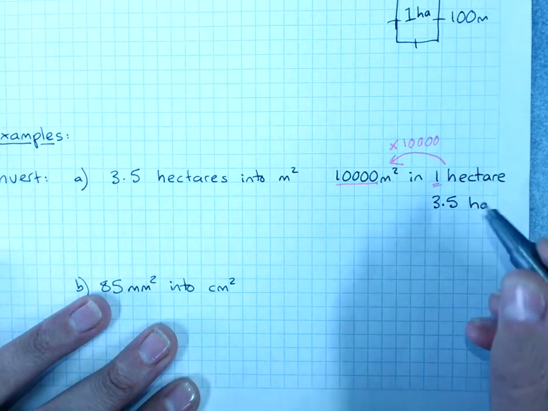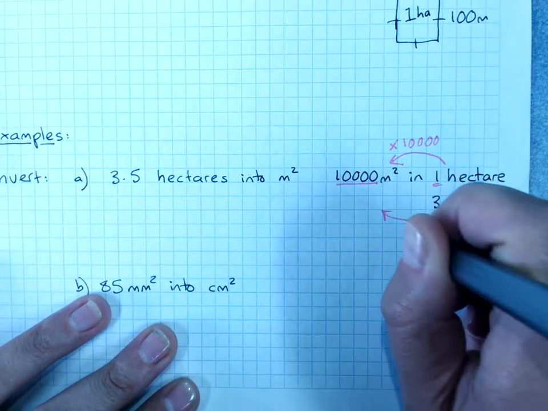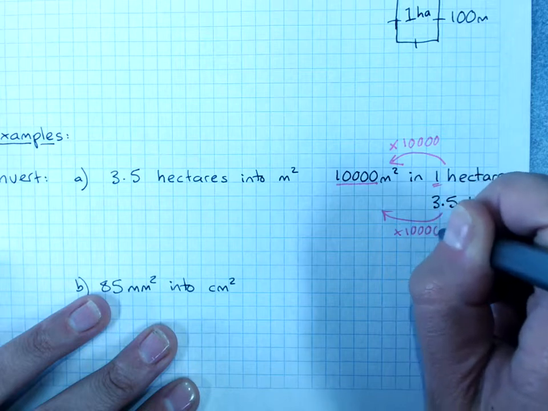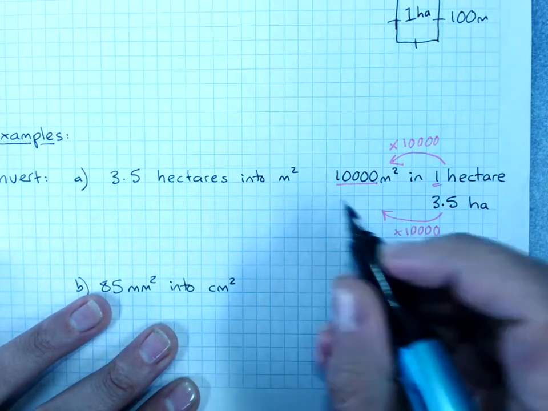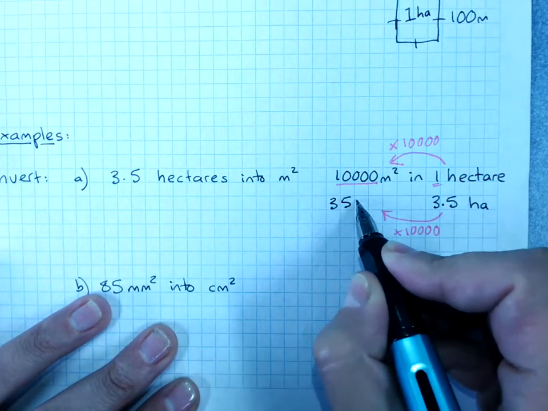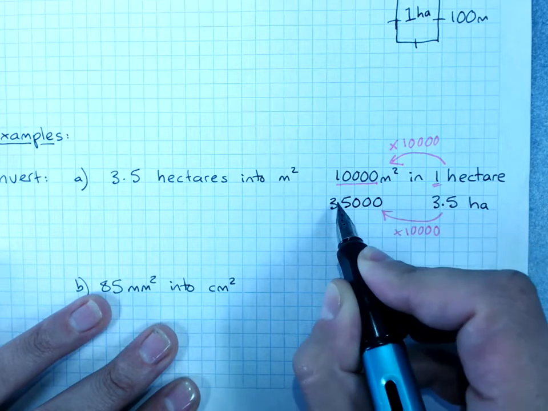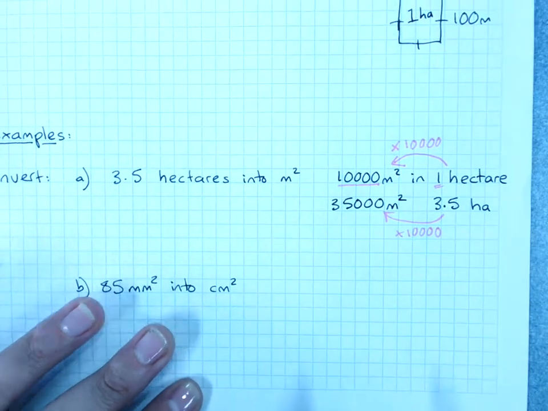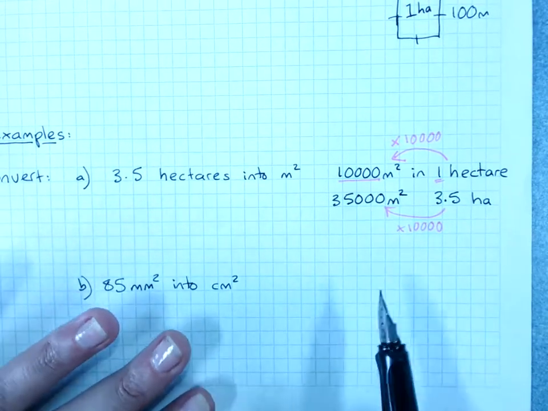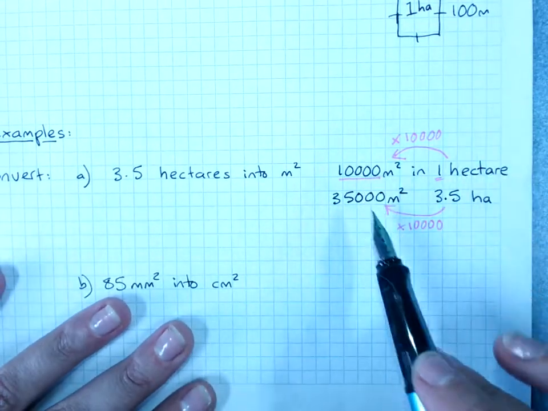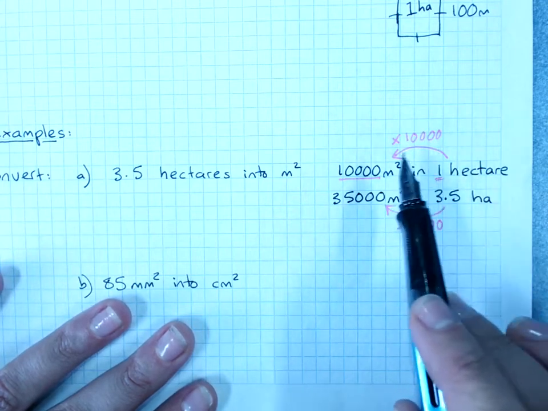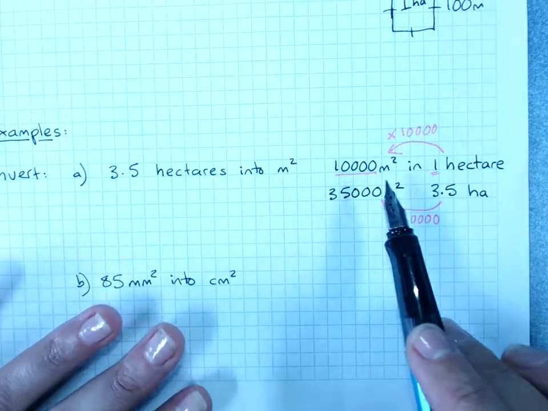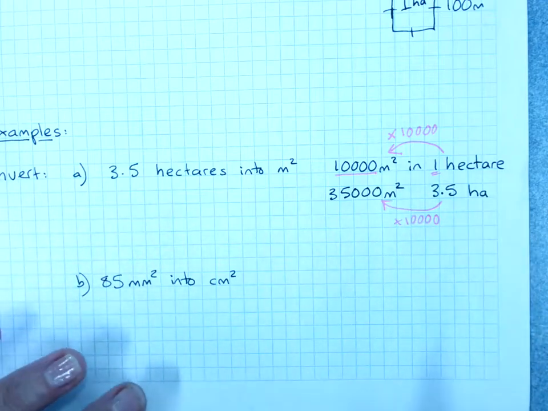Therefore, you've got to multiply the known value in hectares by 10,000 to get 35,000 meters squared. So that's actually quite a supportive way of doing it if you tend not to remember about multiplying or dividing when you're thinking about just the units.